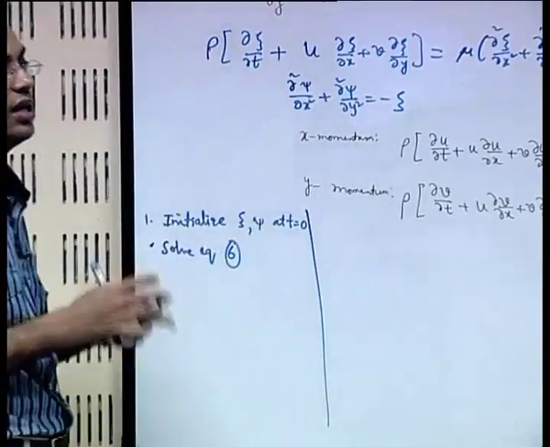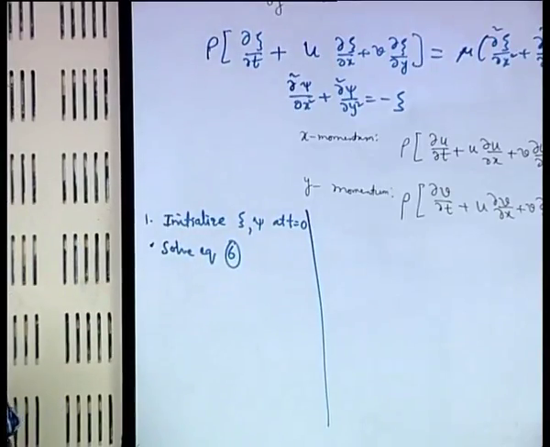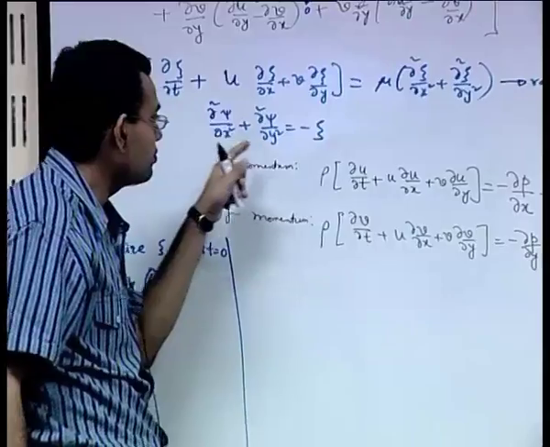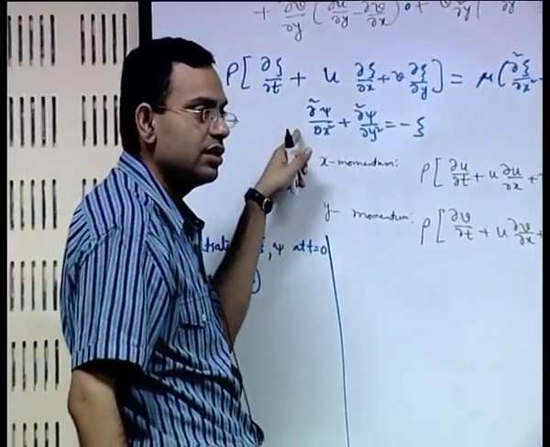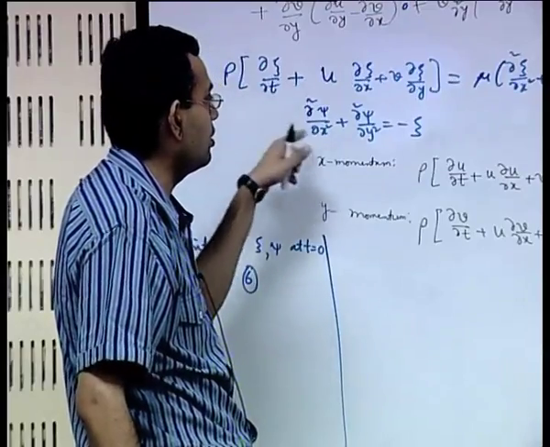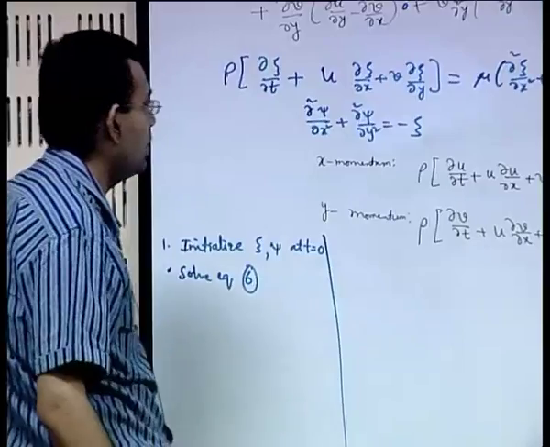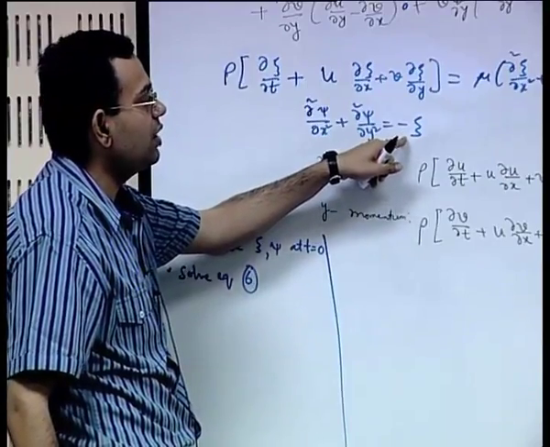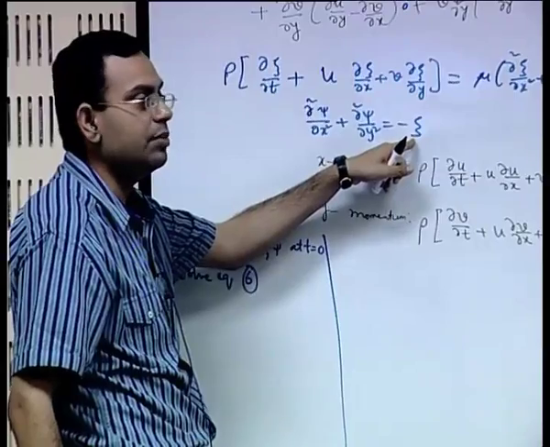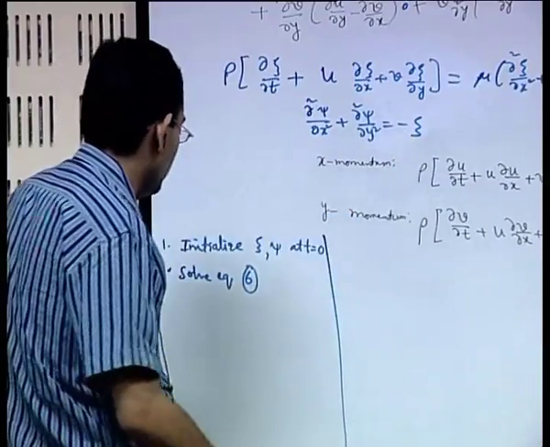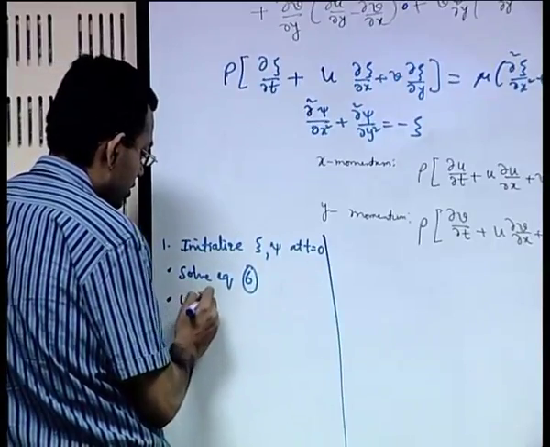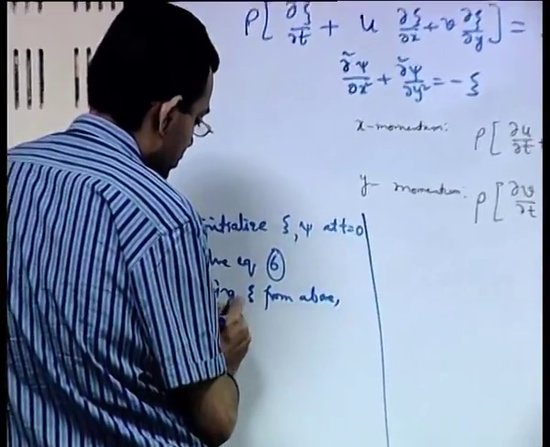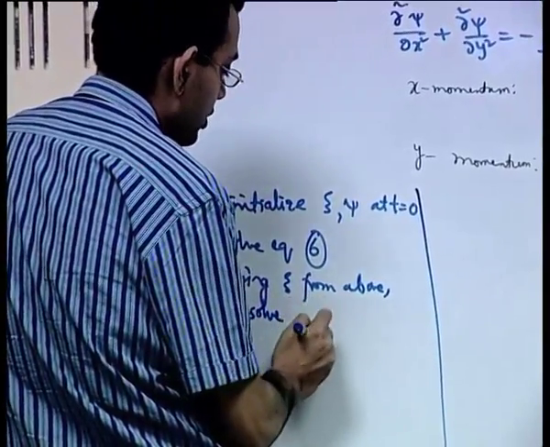That is also a standard partial differential equation in numerical science, and therefore one can elegantly solve this using whatever scheme one can choose. It is possible to solve this with the information of ζ from equation 6 used as a source term. So, solve using ζ from above, solve equation 7.